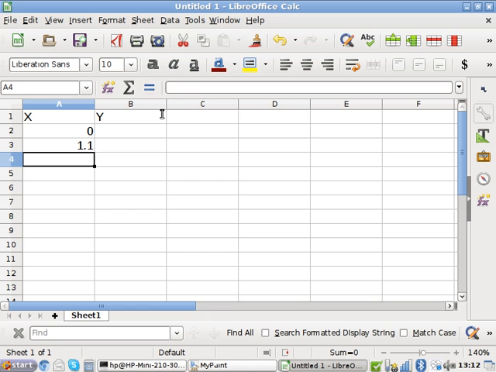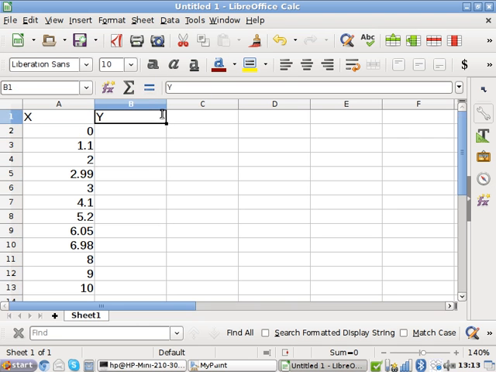You can use the same numbers, please. 2, 2.99, 3, 4.1, 5.2, 6.05, 6.98, 8, 9, 10. It's confusing me. I need to make up good numbers, please.